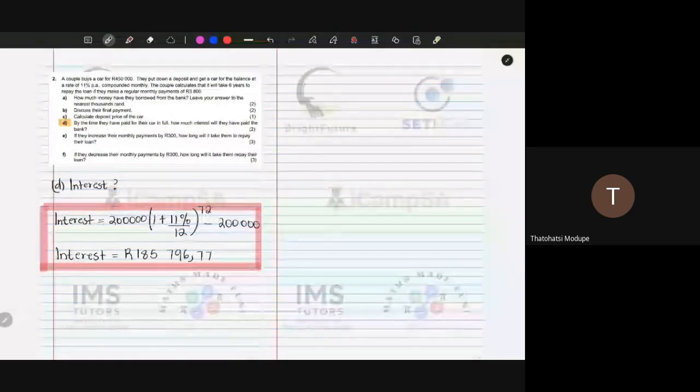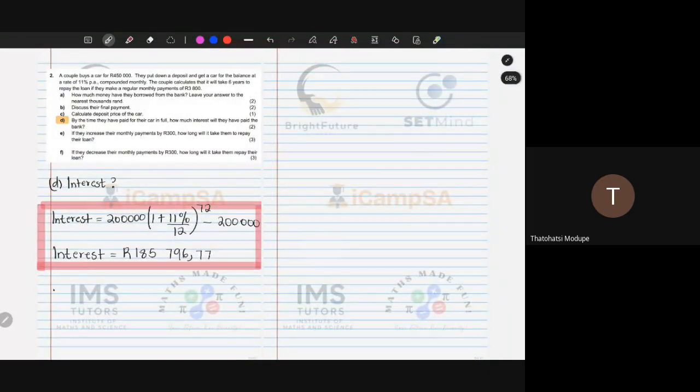So let's quickly get the total payments. We made 72 payments of 3,800.